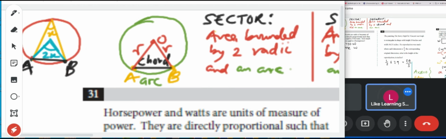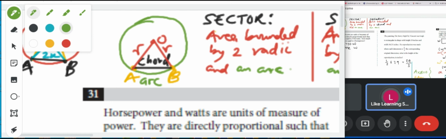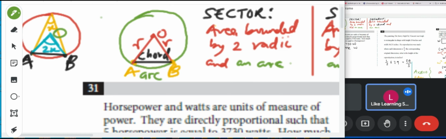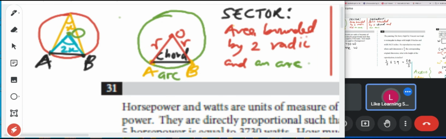I said if an arc AB subtends an angle at the center, the angle subtended at the center is 2x, and then this same arc subtends another angle at the circumference, this angle is x. The relationship between the one at the center and the one at the circumference is such that the one at the center is 2 times the one at the circumference.